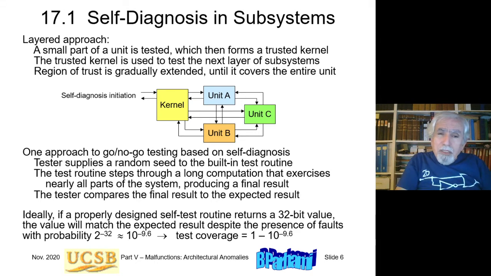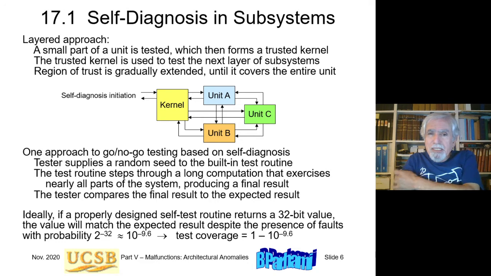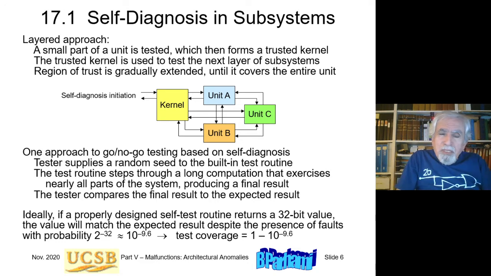So that kernel, because it's fairly small in size, you can afford to test it extensively. And then be fairly confident that it works correctly before proceeding to self-test the rest of the system. So this is basically the way self-diagnosis works in most modern systems.